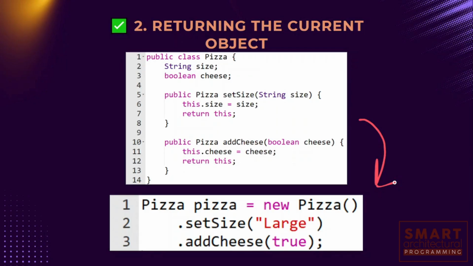Method chaining and constructor chaining are very important advanced techniques in Java. We won't be covering those, but this is just an example to give you a brief primer into what you can do with this keyword in Java.